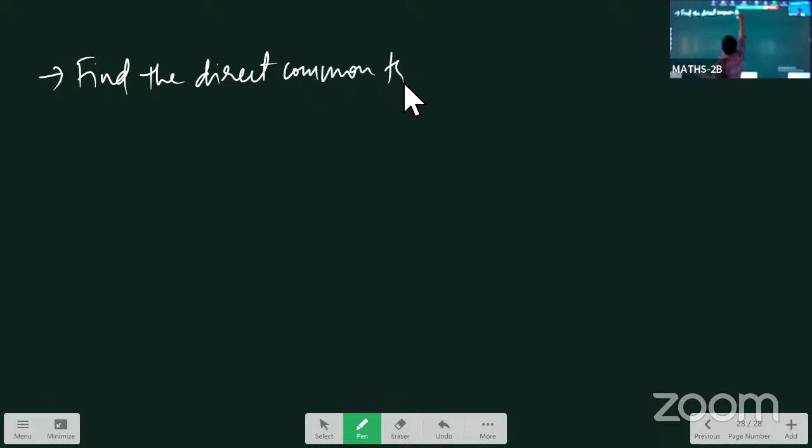Next, find the direct common tangents, very important for 7 marks, of the circles.